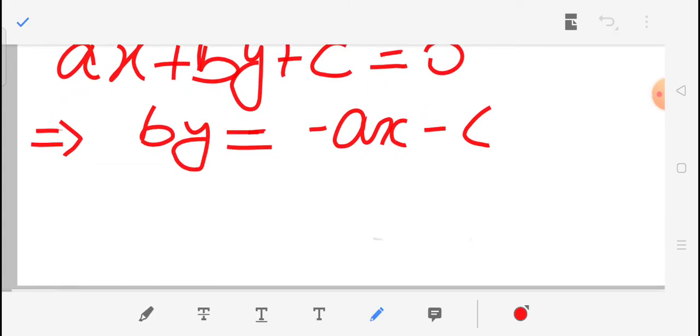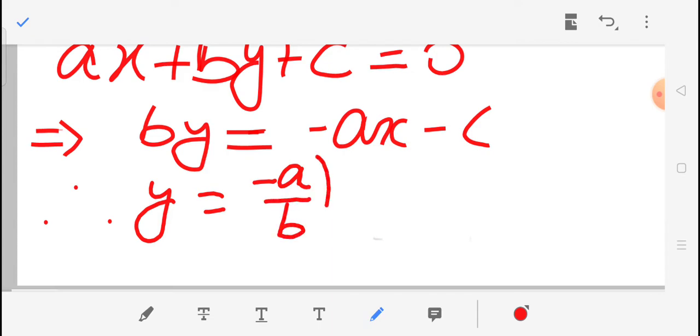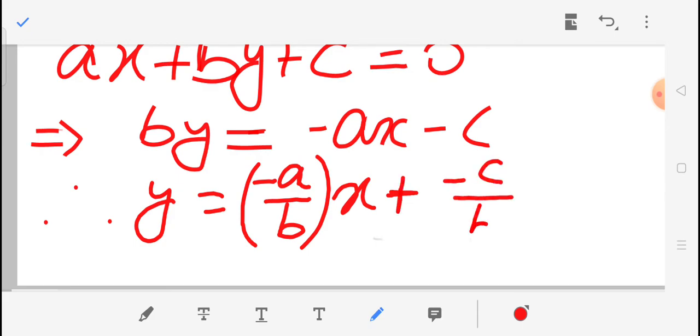We'll continue with it, and we can write it as, therefore, y equals minus a by b into x, plus c divided by b, separating it like this.